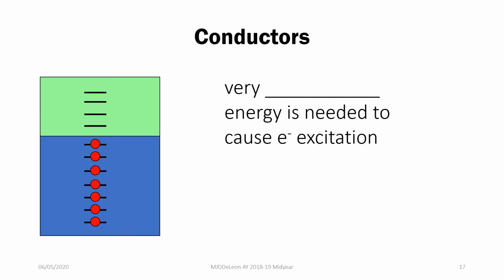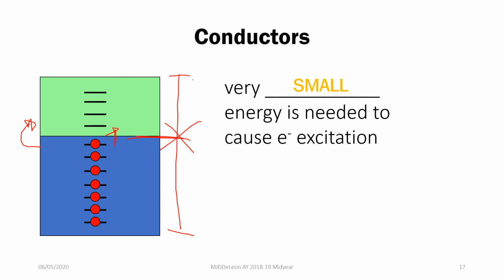So now let's look at the optical properties of our different materials. First, let's look at conductors. Conductors, as we've described before, yung band structure niya is ganito. Wala tayong band gap dito. Since wala tayong band gap, yung next permissible energy level for our electron is very close to the original energy level. Very small energy is needed to cause the excitation of your electron from here up here.